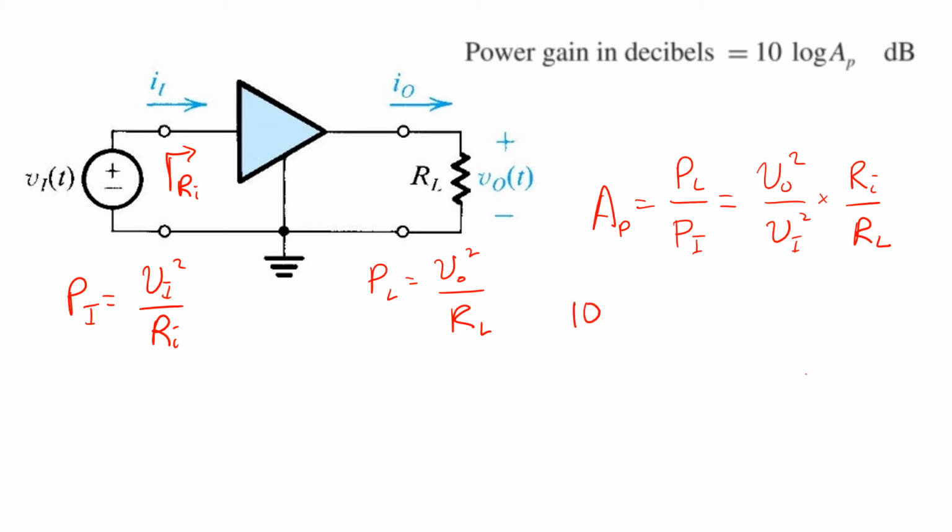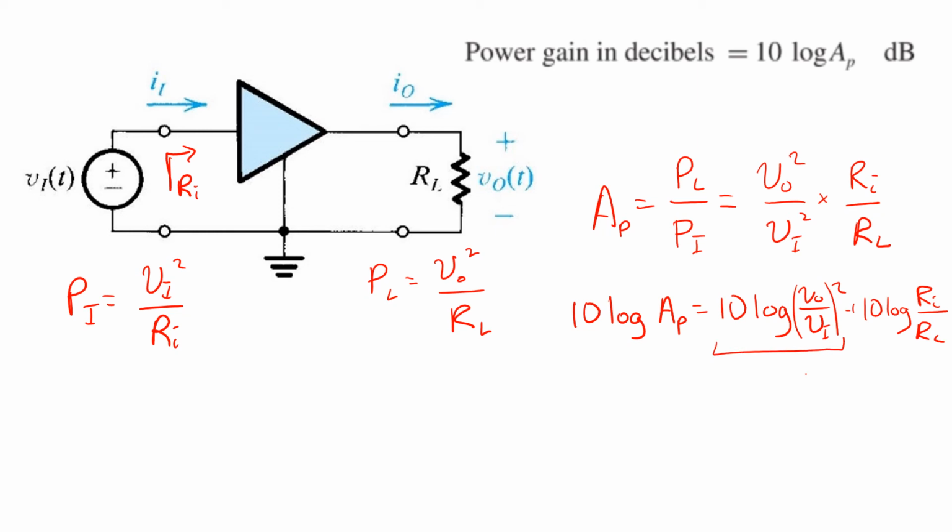If we express this in dB, we take 10 times log base 10 of AP, which is 10 times log of VO over VI squared plus 10 times log of RI over RL. And then this term here, we can rewrite in a form that looks just like the voltage gain, VO over VI, in other words, AV, log of that times 20.